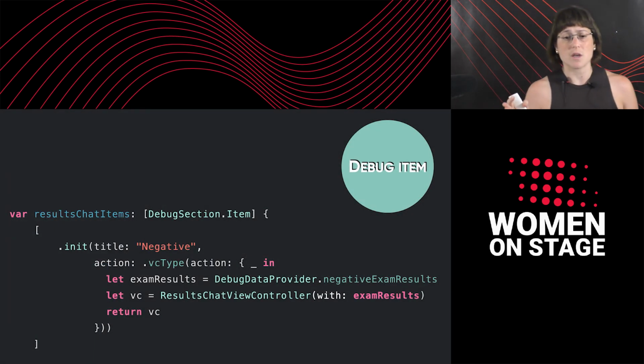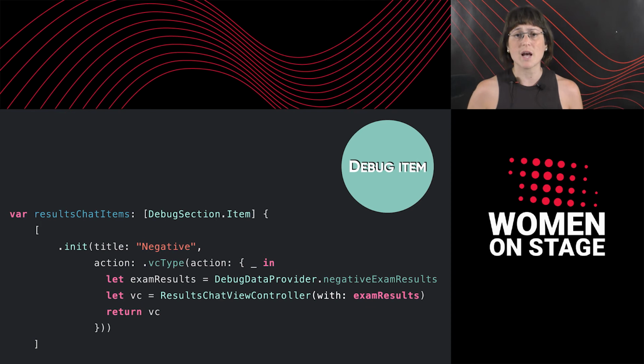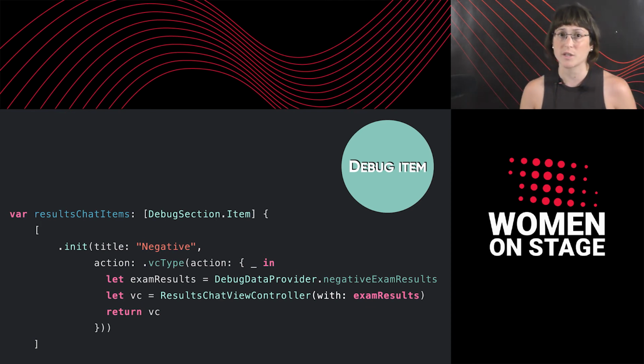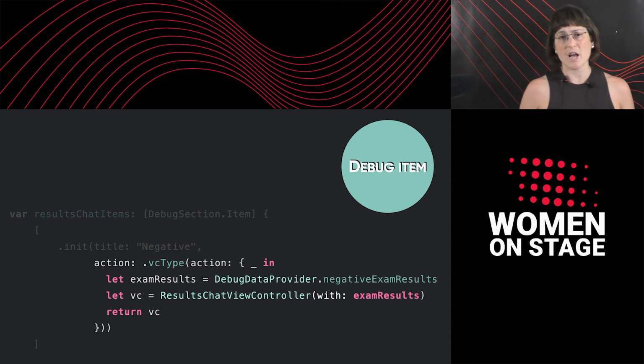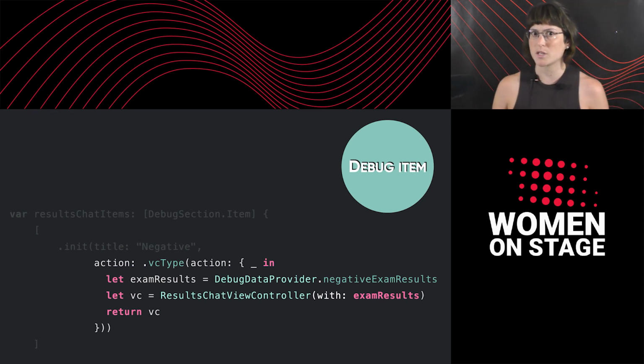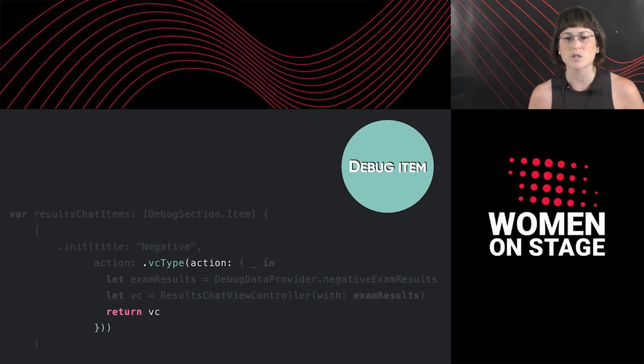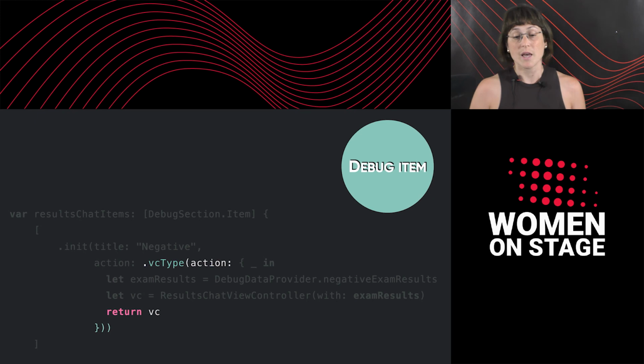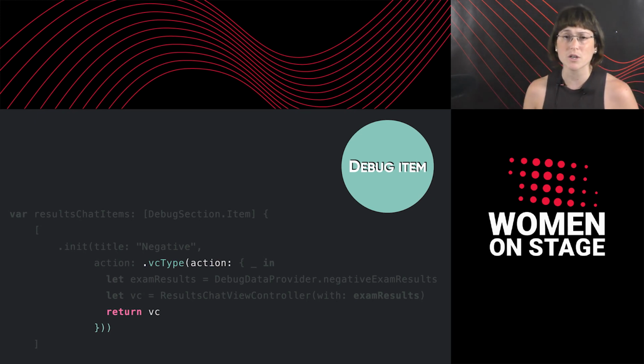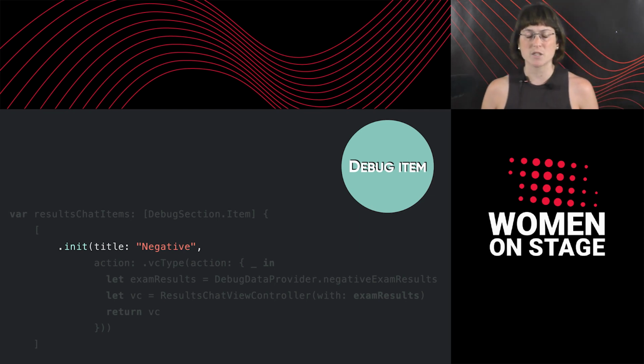As you can see here, we have an array of result items. I will show you just the negative one. We said that the action is the heart, and the results screen is a UI view controller. So of course I'm using the VC type case, and as you can see at the end of the function I am returning a view controller. I wanted it to be negative results.